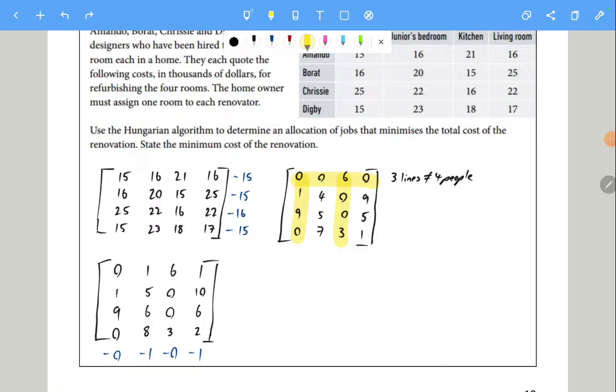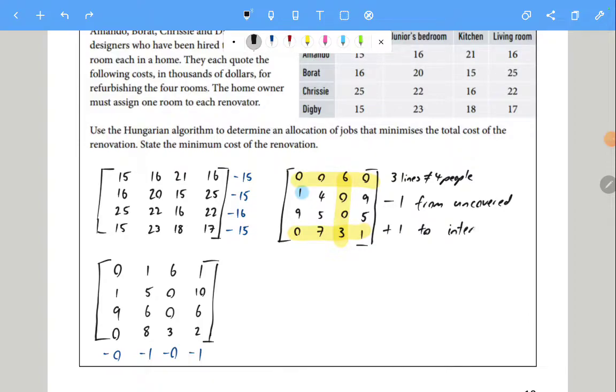It's really important that you do draw your lines. So we take the smallest uncovered number. Smallest uncovered number is the 1. So we're going to subtract 1 from the uncovered. And we're going to add 1 to the intersections.